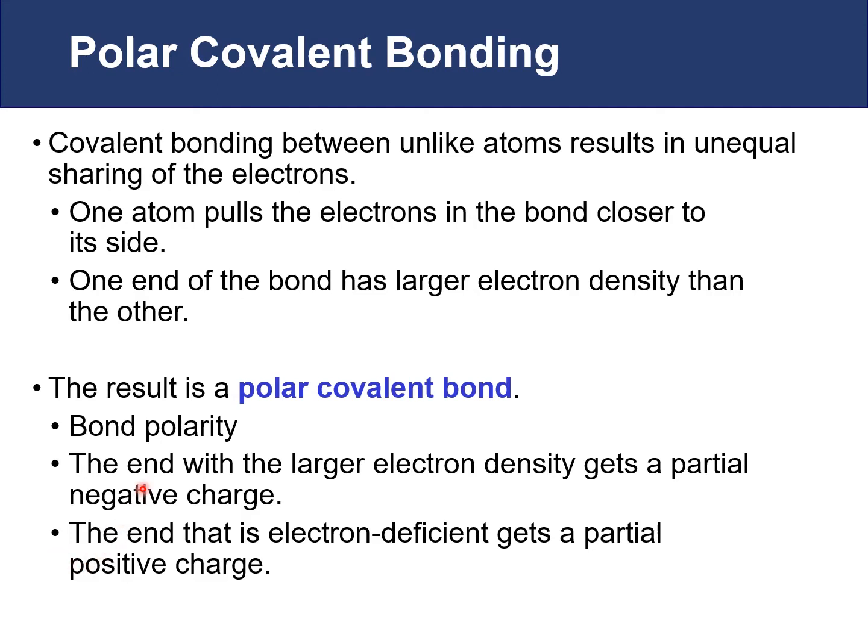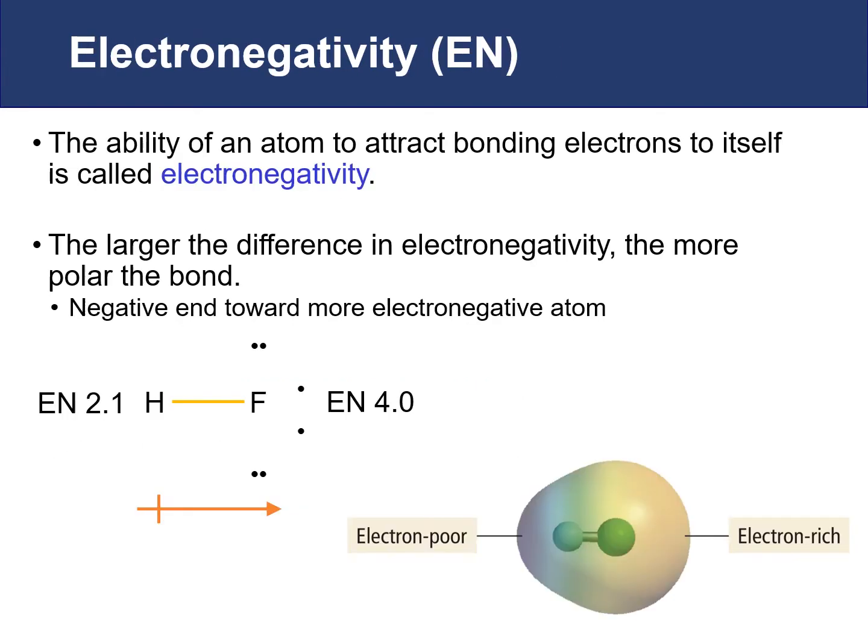Note that these are partial negative and partial positive, not full negative and full positive like you would find in an ionic bond. The way that we can determine ahead of time whether we think a bond will be polar or not is to look at the electronegativity of the atoms involved in the bond.